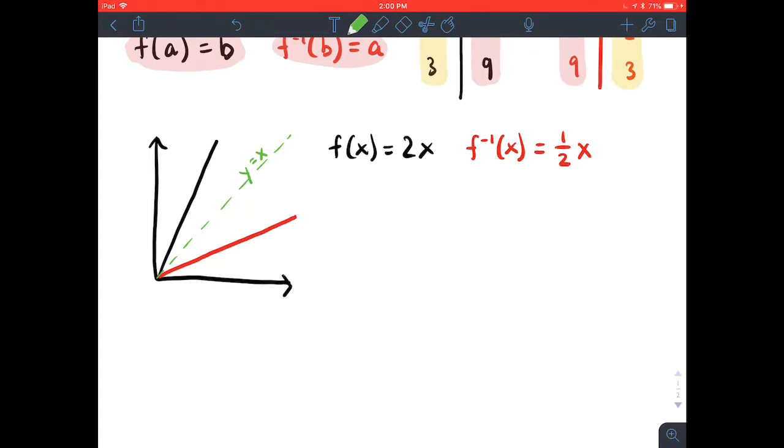All right. How do we do this for somewhat more complicated functions? Let's say we have the function f of x equals 2x plus 5. What is the inverse of this function?